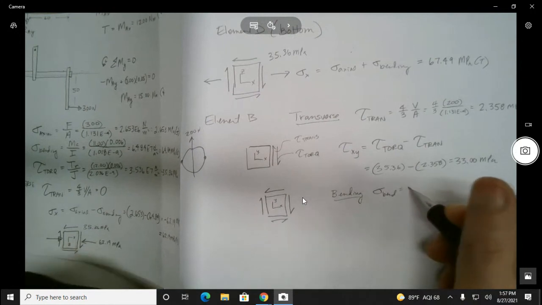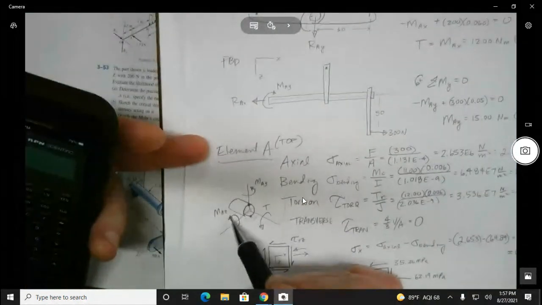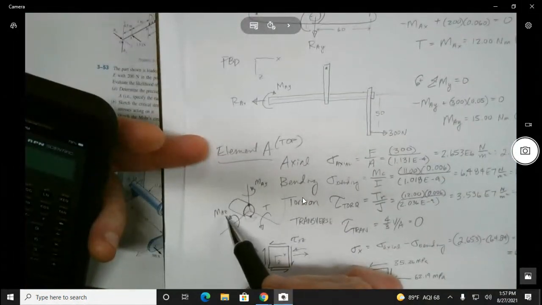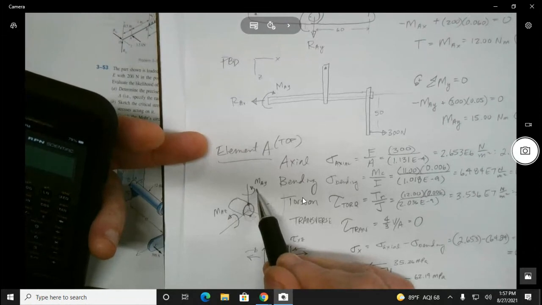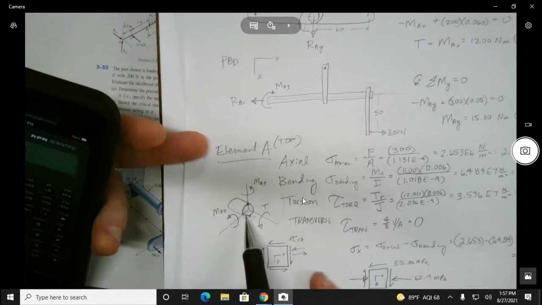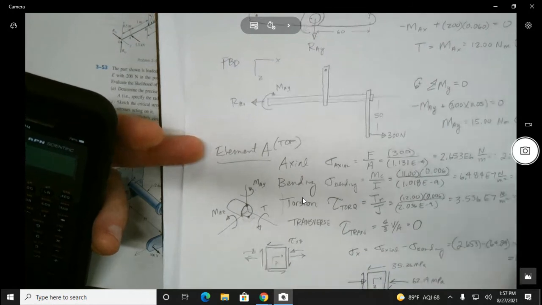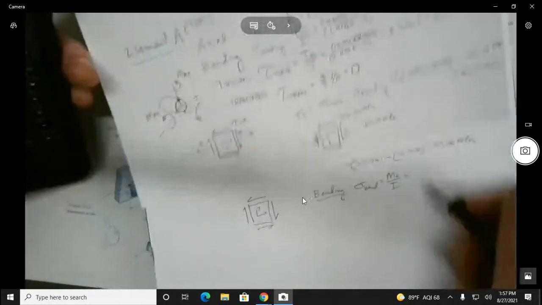MC over I still, but now the different moment. And we could see, just by process of elimination, that it was going to be MAY. But now the question is, is MAY causing tension or compression at this side piece right here? It's going to be tension. You agree with that? Okay. Good.